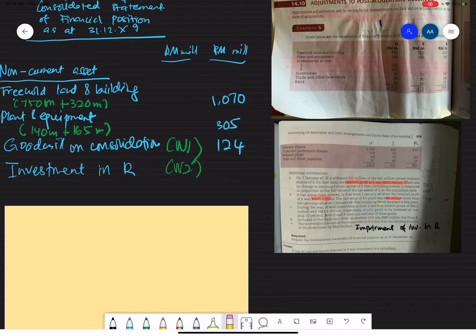After going through line by line the consolidated statement of financial position, the last item in the non-current asset is actually investment in R. Investment in R, bear in mind, is not eliminated because it has never been consolidated and it is an associate company. So we need to calculate the investment in R.